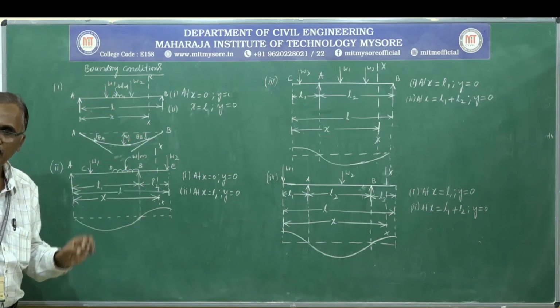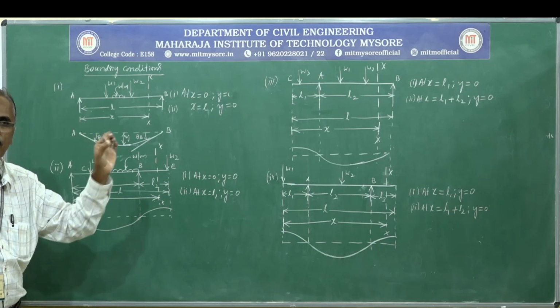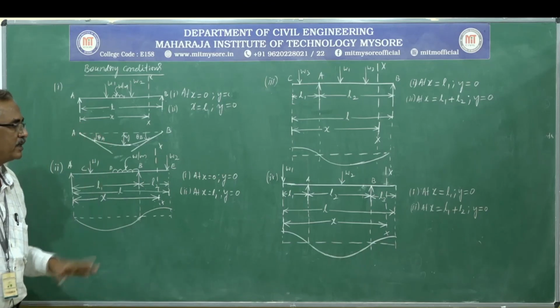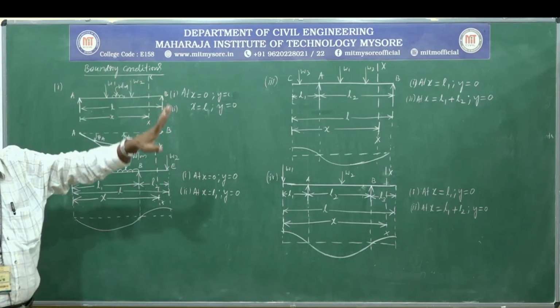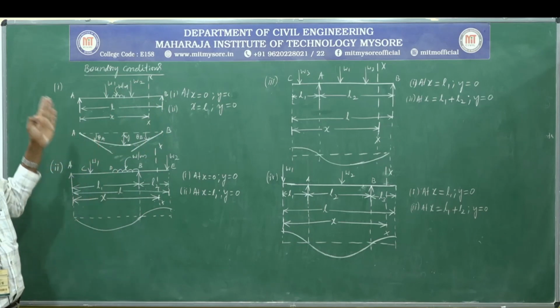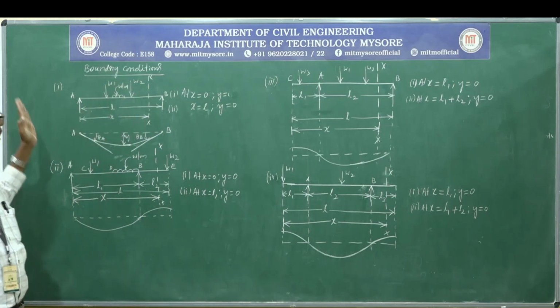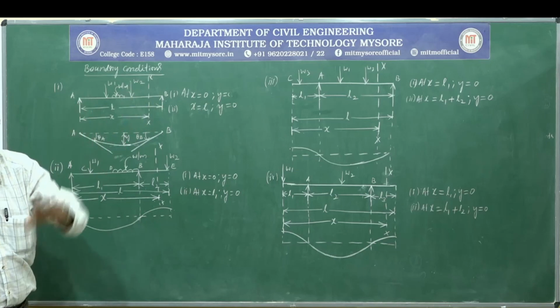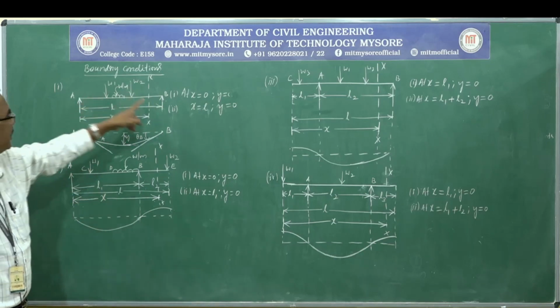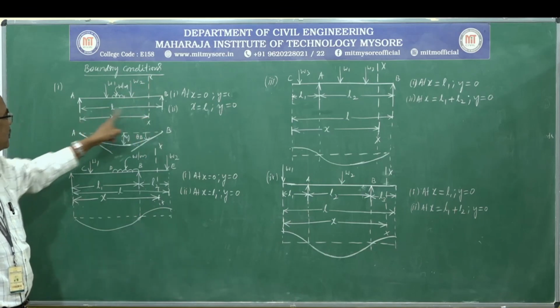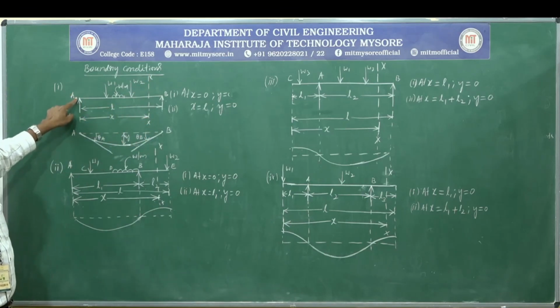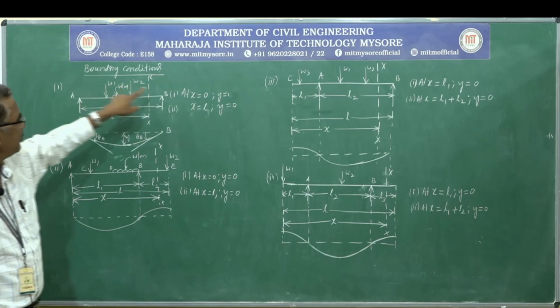If you understand that, then you can easily apply the boundary conditions. In a given beam, if you select the section in the last segment, x always varies from 0 to L. For the simply supported beam, deflection is 0 at points A and B.